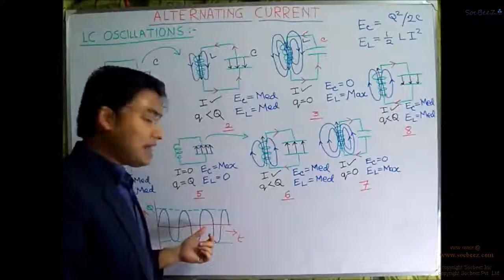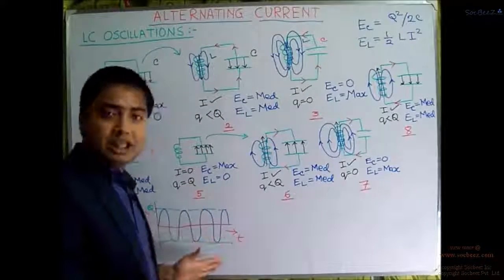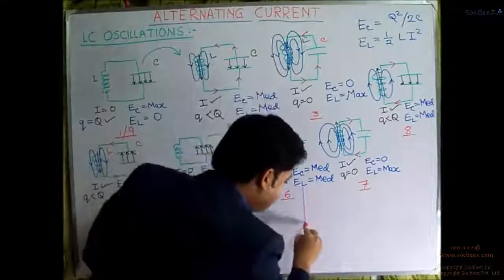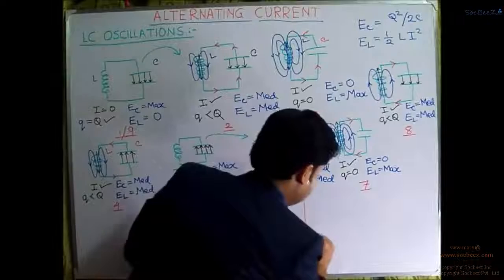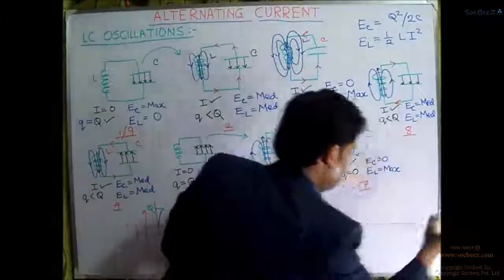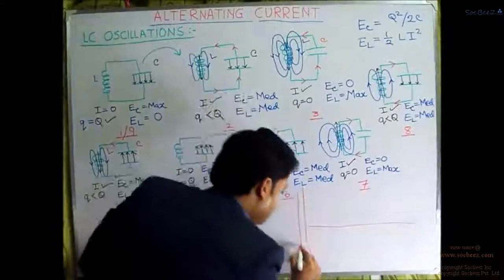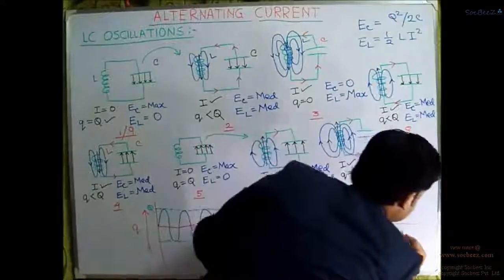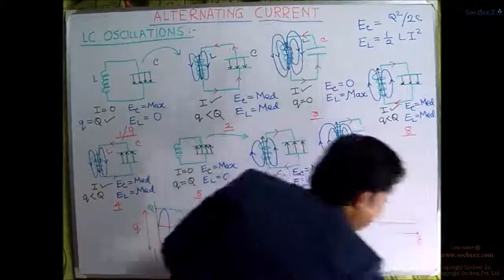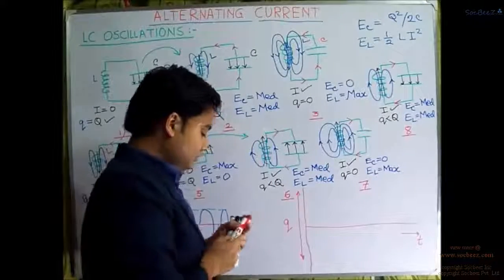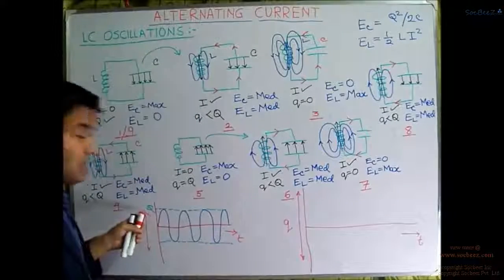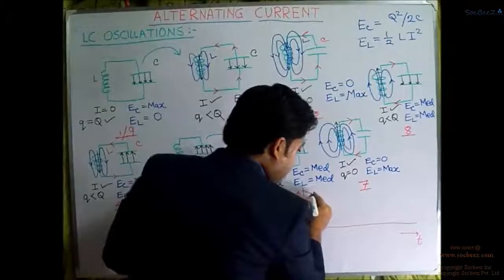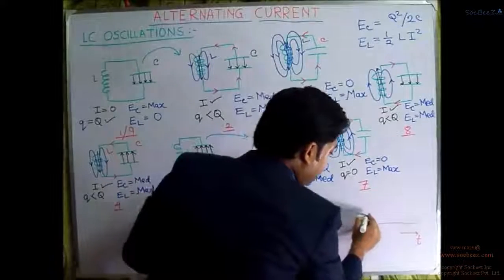That means some resistance is there. So, this is the graph of an ideal situation, but in real life, the graph will be like this. If we take Q on this axis, and on this axis we take the time, then the maximum Q, as we have seen over here, will start to decrease.